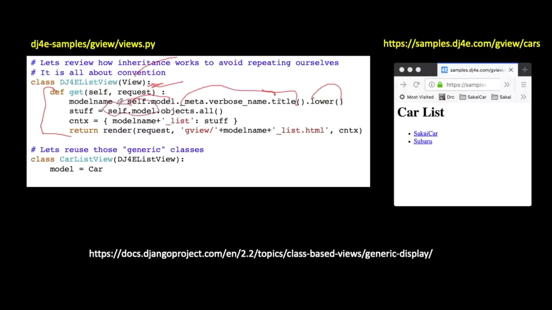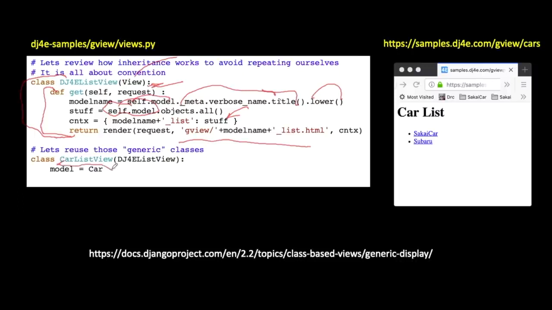Whatever the model is, retrieve all of its objects and put it into stuff, and then put model name underscore list, you know, in this case car underscore list, and then pass that list into the template, and then render, you know, the view, car underscore list, context. Okay, so this is not doing anything per se. DJ4E list view is creating a class that I'm going to extend later, and I'm going to extend that 2 lines later.